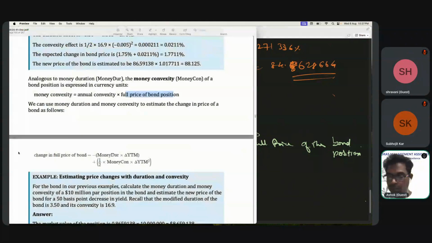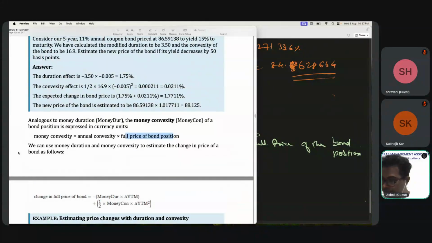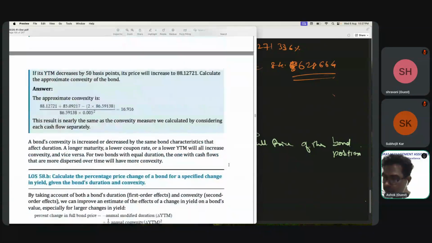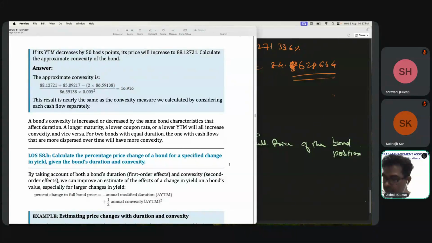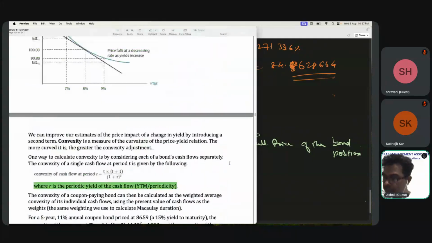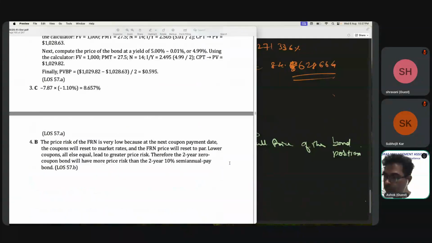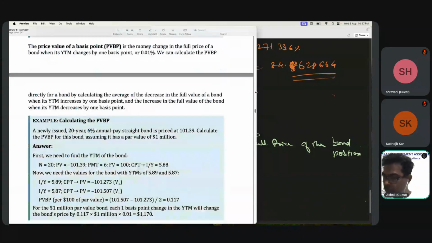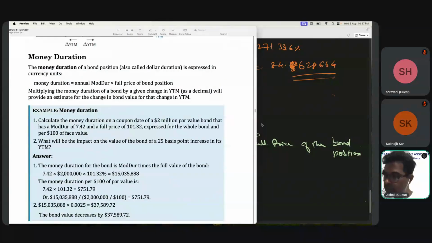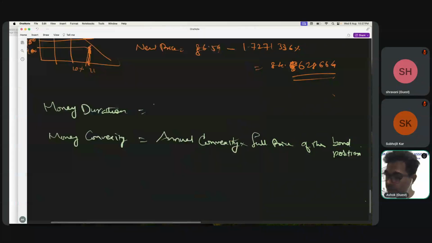Money duration is annual modified duration into full price of the bond position.